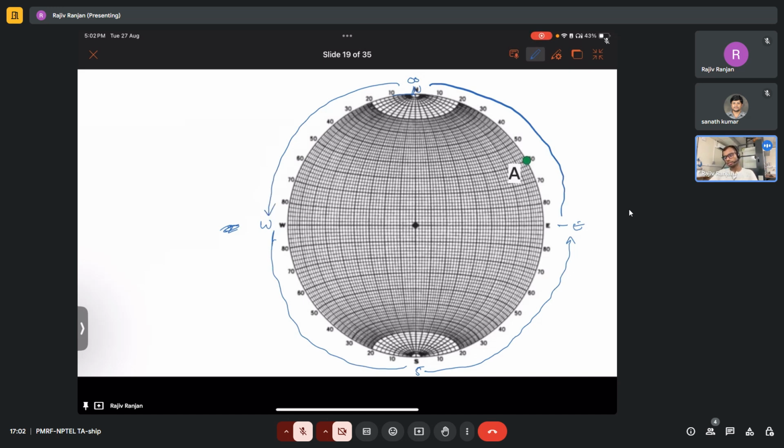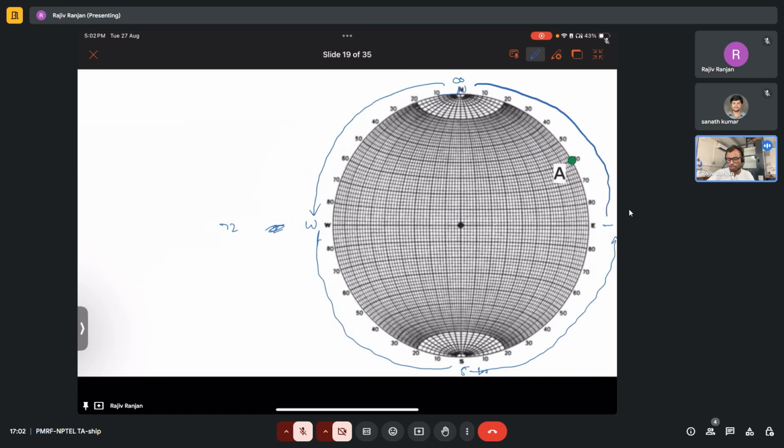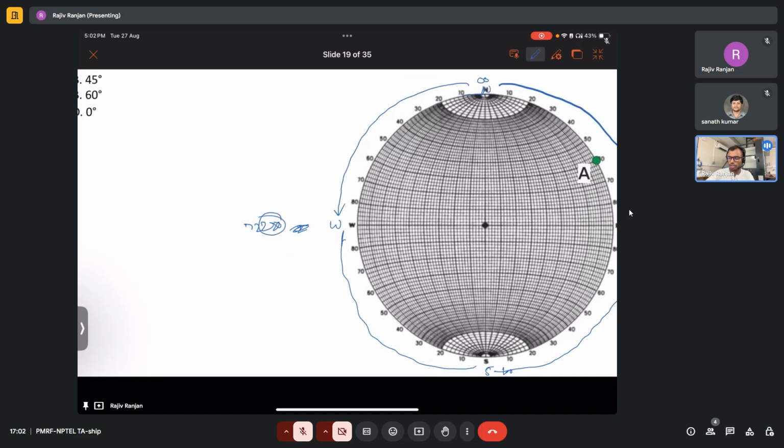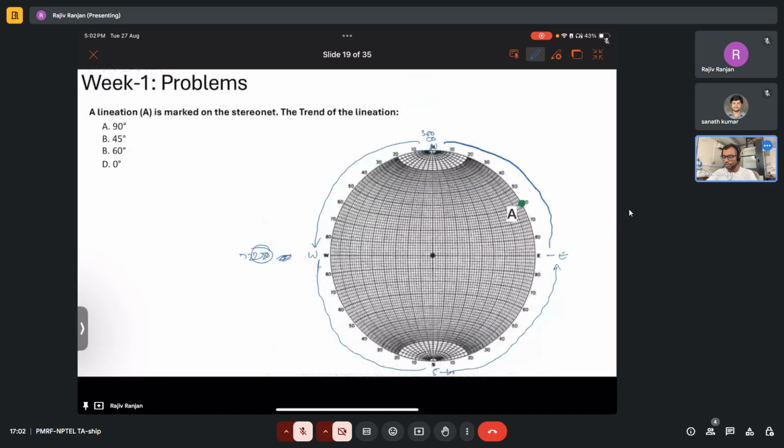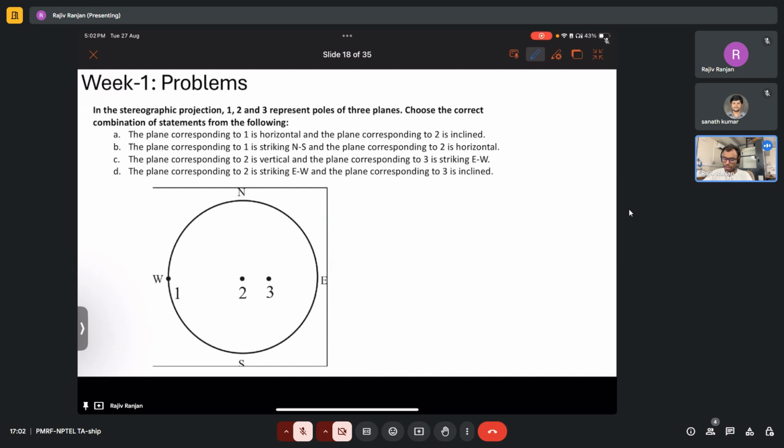Or you can write it this way also: 0, 90, 180, 270, or 360. It will be a little bit difficult now for you to understand, but I will try my best to make you understand.